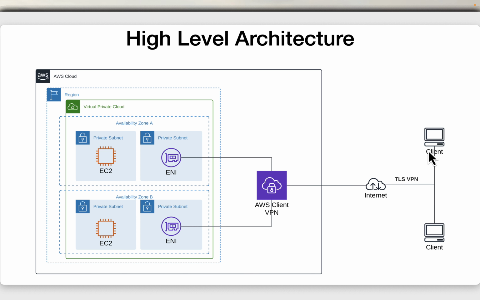So you are going through the internet, but through a TLS VPN tunnel. You connect here, and then on every private subnet there is an ENI, the Elastic Network Interface, and that is the low level, under the hood, which lets you connect to the EC2 instances and all through this private tunnel.